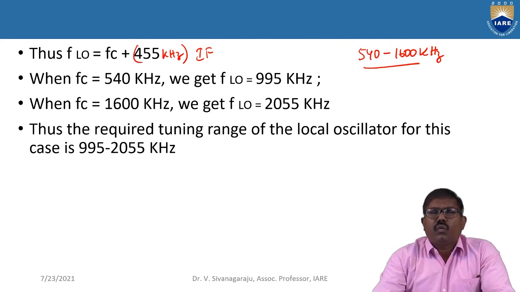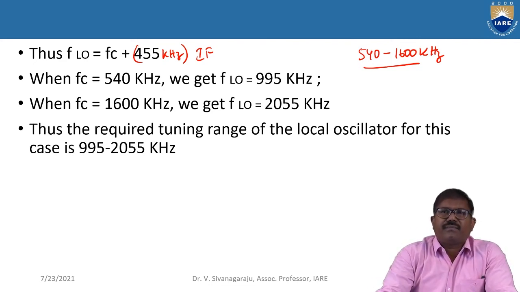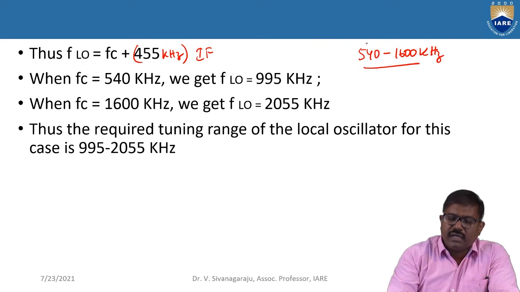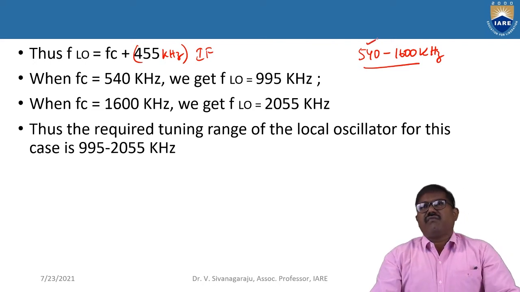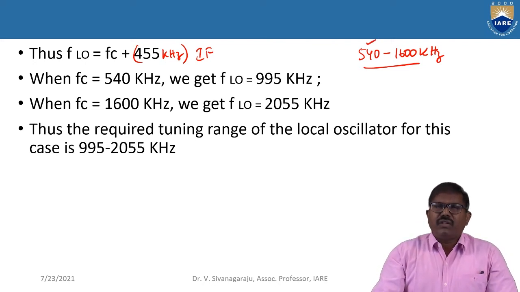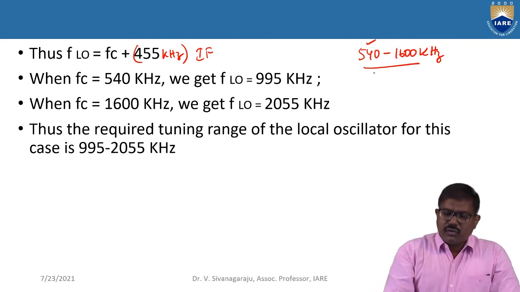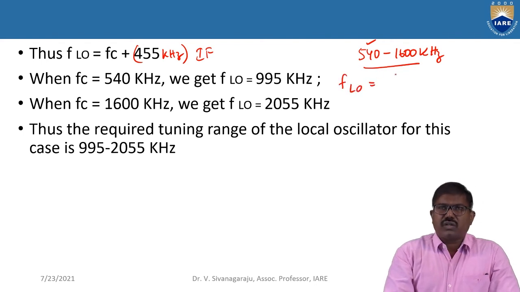First, when Fc is equal to 540 kHz, the first frequency of the range, then we get FLO equal to 995 kHz. Why? Because FLO is equal to Fc plus 455. So what is Fc here?